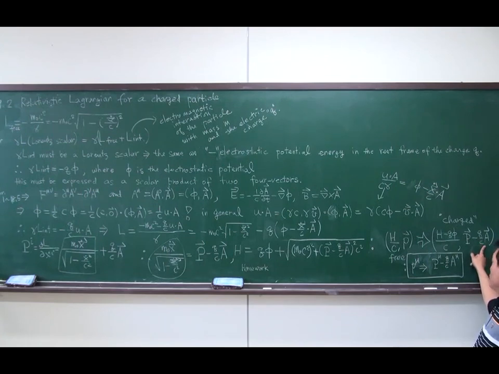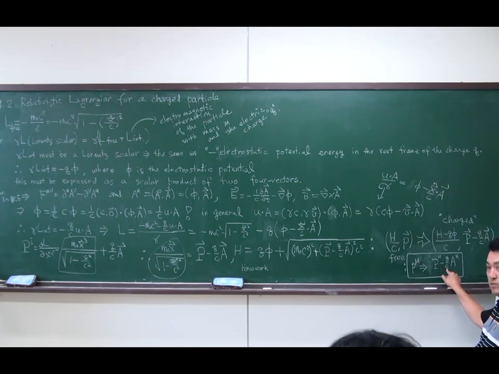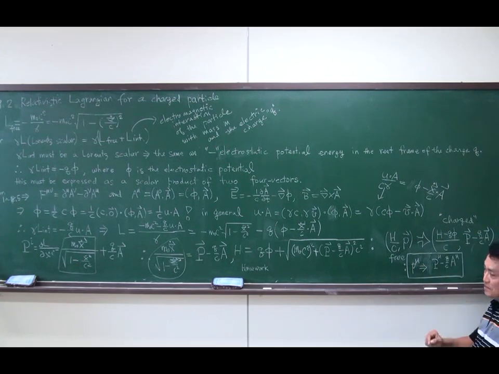If I combine these two into 4 vector form, then the replacement from the free particle case to the charged particle case is that P mu is replaced by the conjugate momentum P mu subtracted by q over c A mu. That's it.